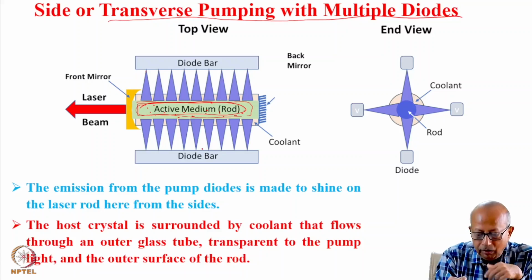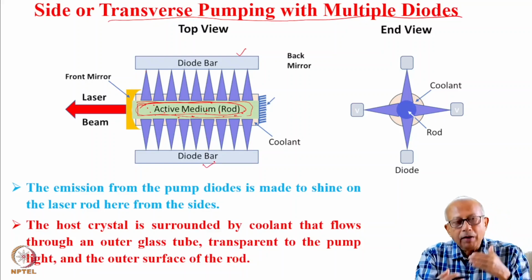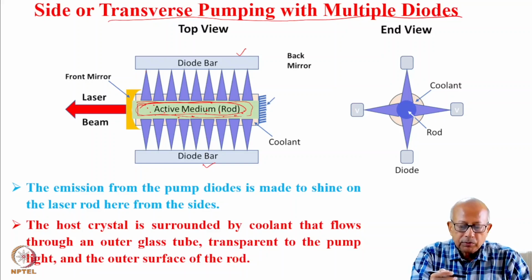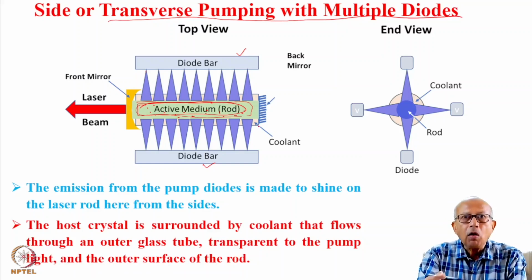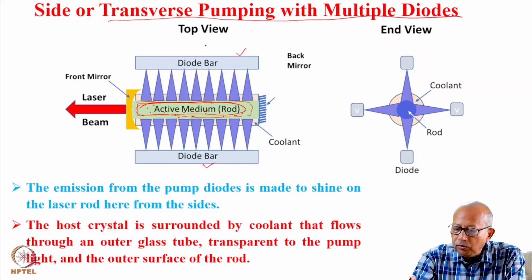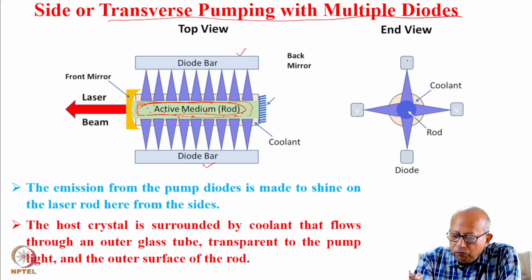And this is the top view. You can see there is one diode bar at the top and one diode bar at the bottom. But actually you can have multiple such diode bars placed all around this laser rod. Now this is the top view and this is the end view. In the end view you can see there are actually four diodes.